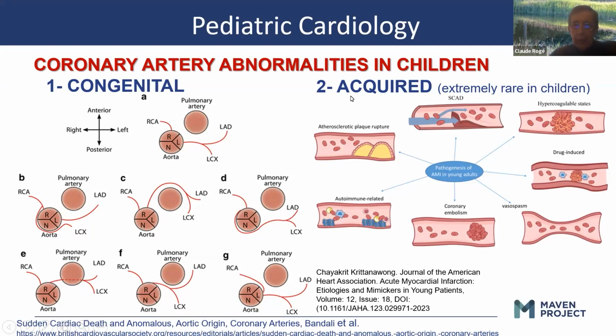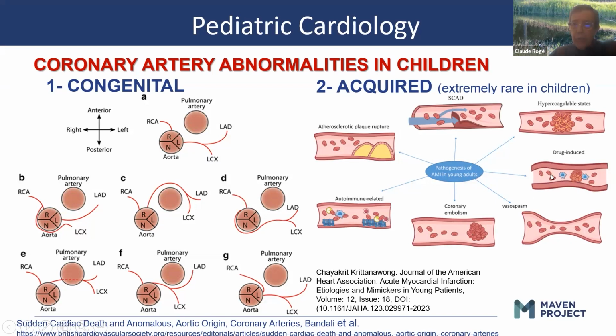Now, acquired heart disease is extremely rare in children, but if you see young adults, you are going to see those conditions. And the one I want to mention here is drug-induced, okay?